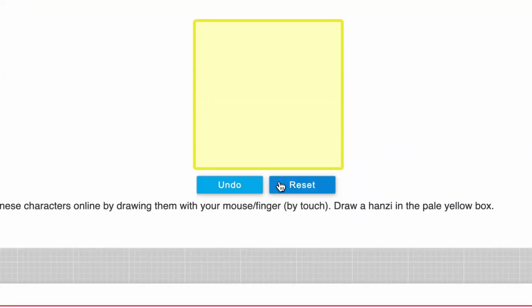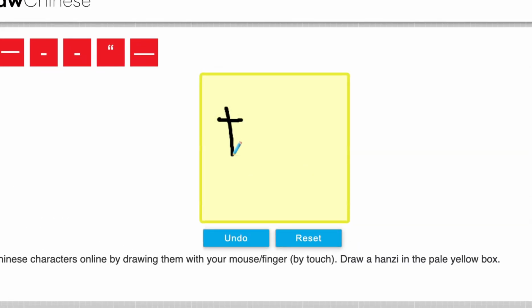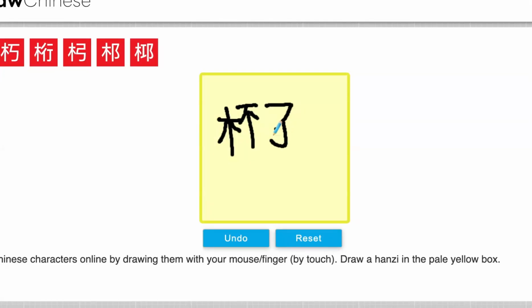Let's go on to the next one. This one is very important because you will for sure need it when you go to a restaurant. And this is 杯子, which is a cup or a glass.